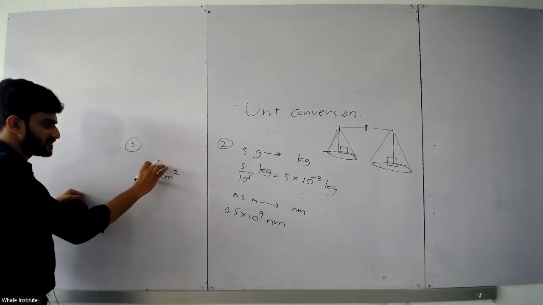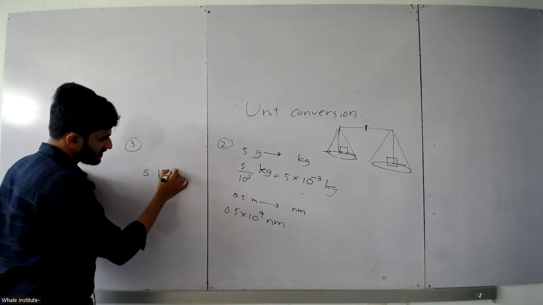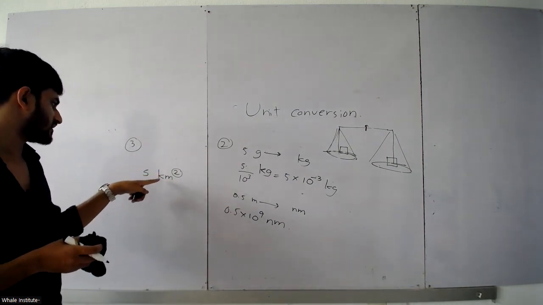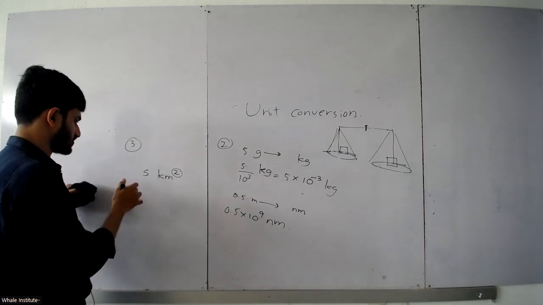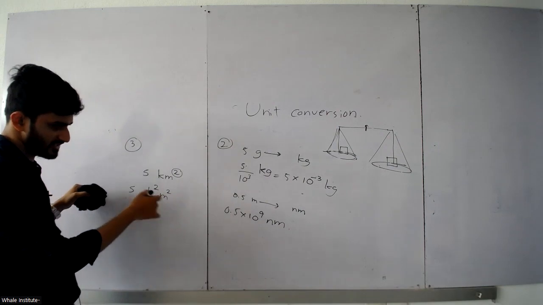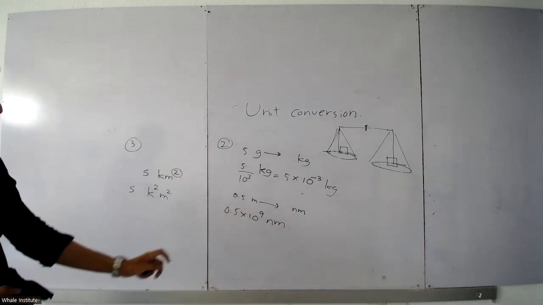Then here it's a prefix kilo. Then this power should be applied to meters and kilo as well. So අපිට මෙහෙම හිතන්න පුළුවන් kilo square and meter square. එහෙම ලියන්නේ නැහැ. මට අපිට මෙහෙම දාගන්න පුළුවන්. එතකොට මොකද වෙන්නේ?